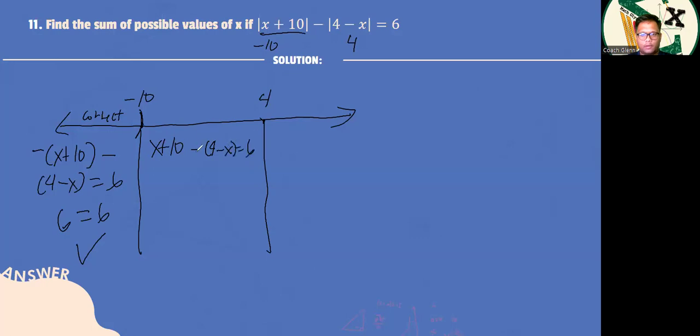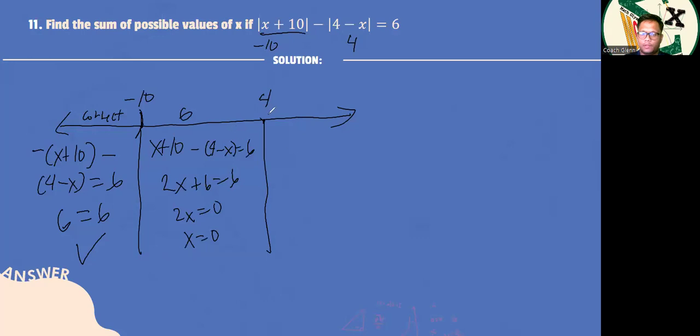So x minus negative x, that's going to be 2x. 10 minus 4 is 6. So 6 minus 6 is 0. So x is 0. Okay, so your solution here is just 0.